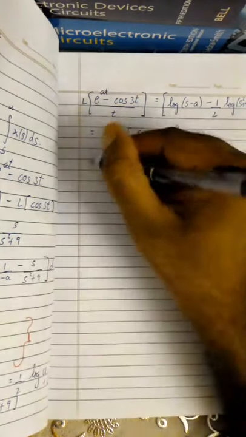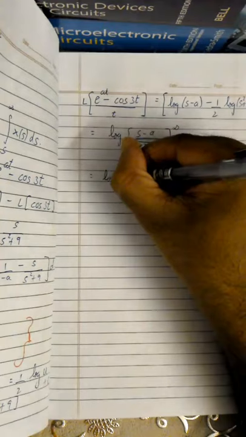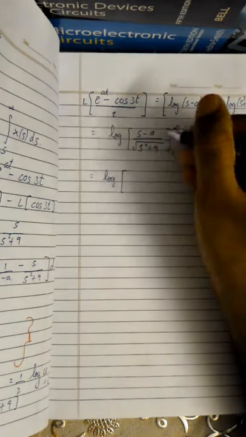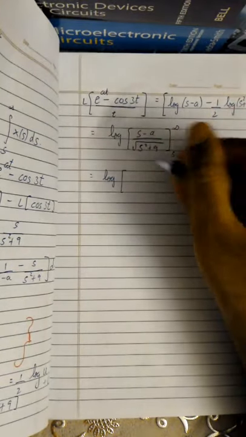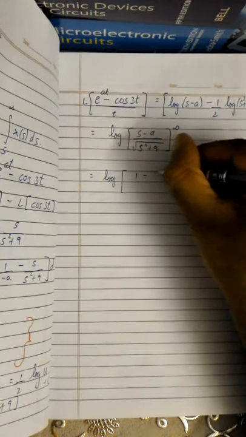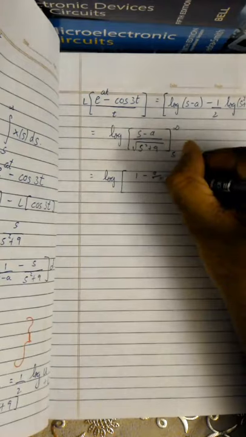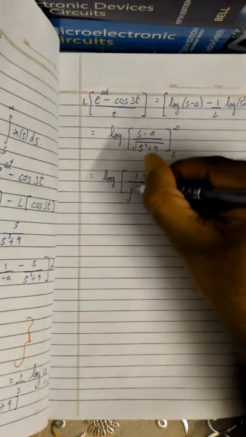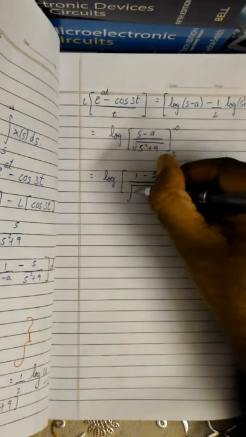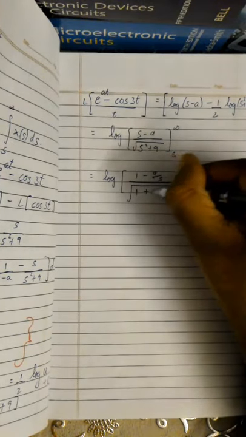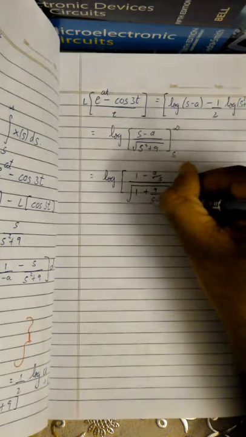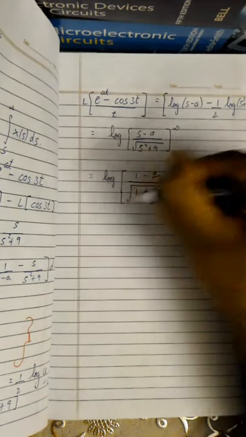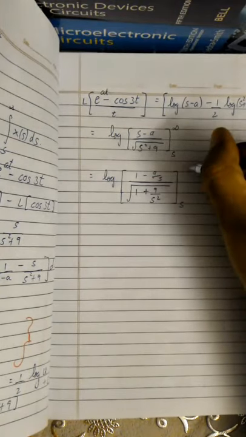Okay, so I will get log of, taking s common from both numerator and denominator, 1 minus a by s, divided by the root of 1 plus 9 by s square, from s to infinity.